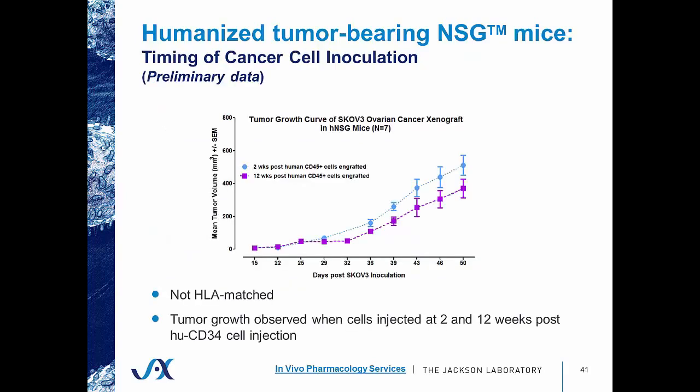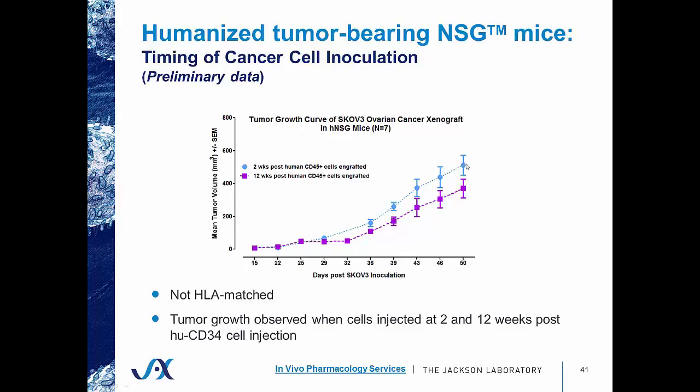For our first experiments, we wanted to test whether the timing of engraftment was important. We took humanized NSG mice and injected them with SKOV ovarian cancer cells either 2 weeks post-human immune cell engraftment or 12 weeks post-human immune cell engraftment. These are non-HLA matched tissues. What we can see is that in both instances, the tumors were able to engraft and grow.